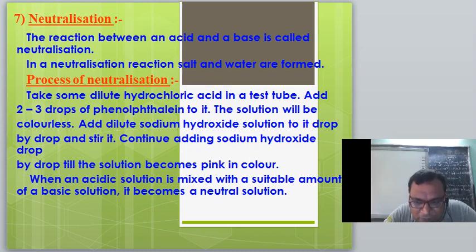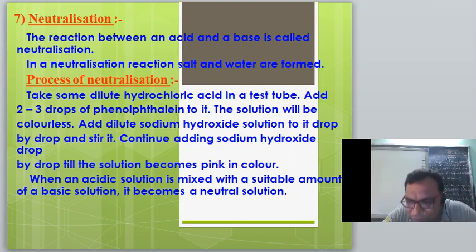At the time when complete neutrality is attained, when the acid and base after reacting become completely neutral, the color of the phenolphthalein changes, and the changed color indicates that the solution is no longer acidic. Listen carefully: the solution will be colorless.